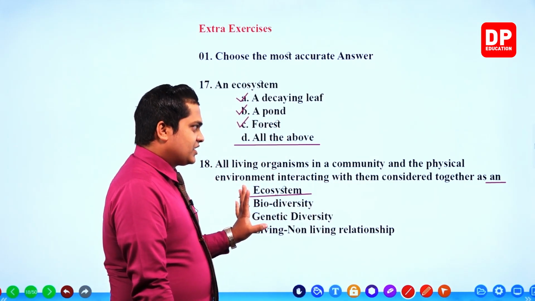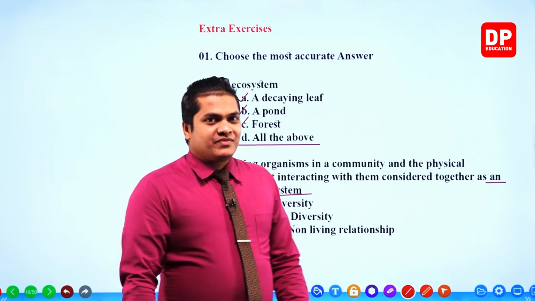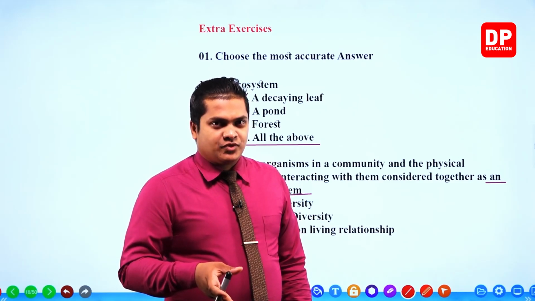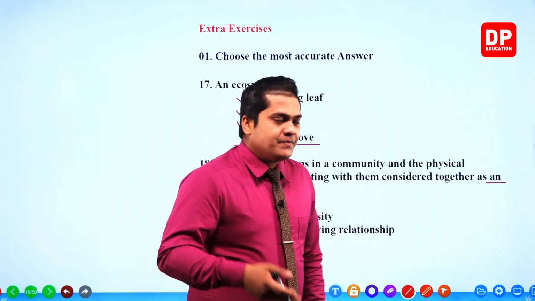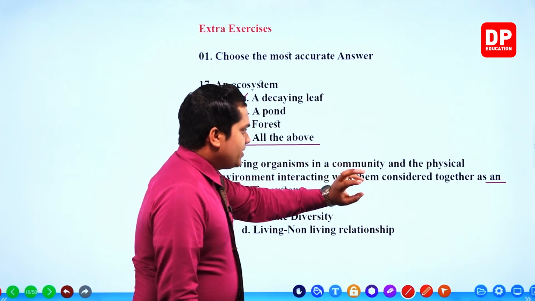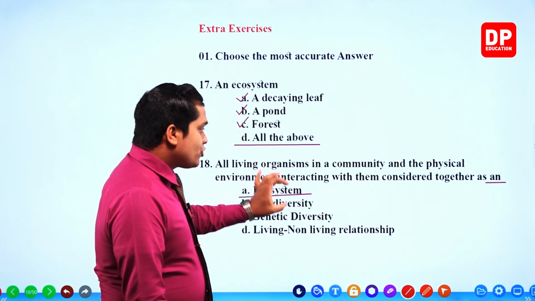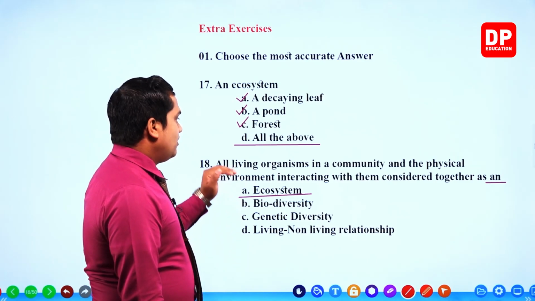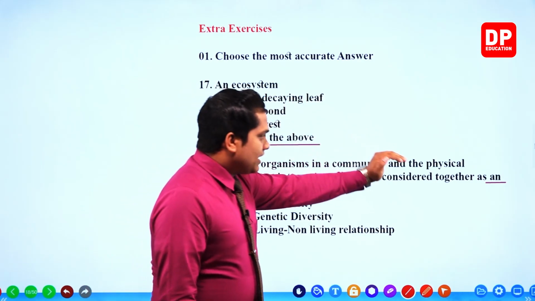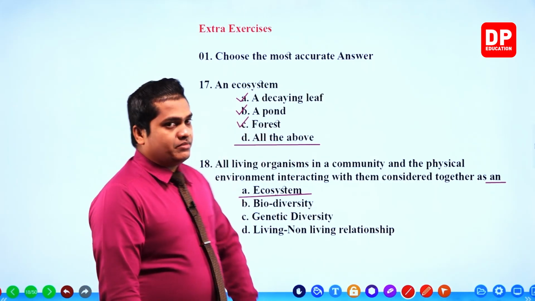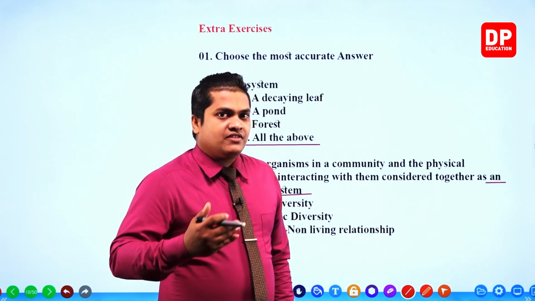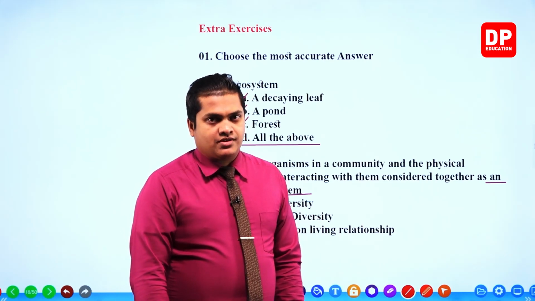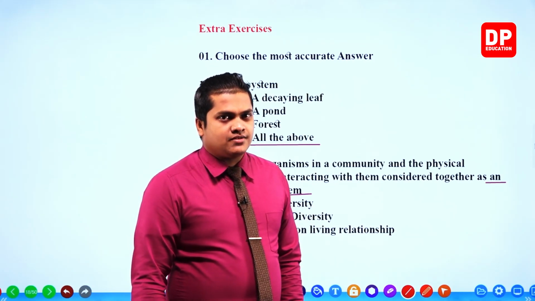However, my dear children, we should have the ability to identify and get the correct answer. So let me explain. All living organisms in a community and the physical environment interacting with them are considered together as living organisms interacting with physical environment. That's the one which is considered as the ecosystem, my dear children. So it's very simple. Ecosystem is the correct answer, right?